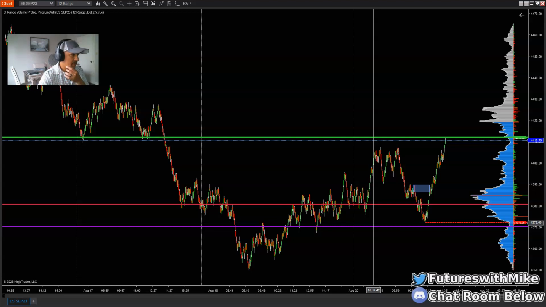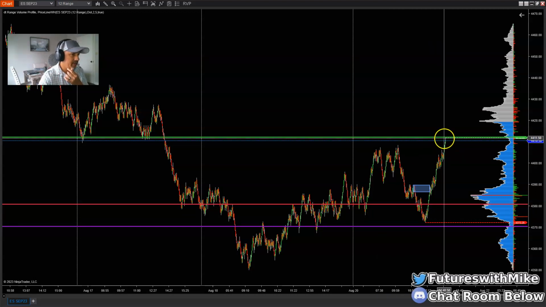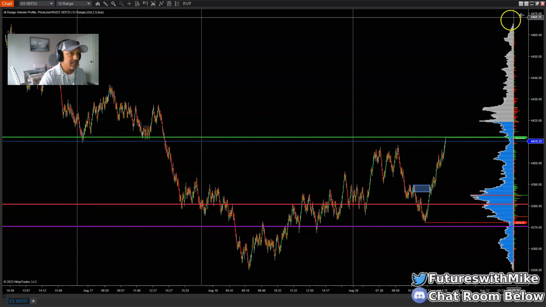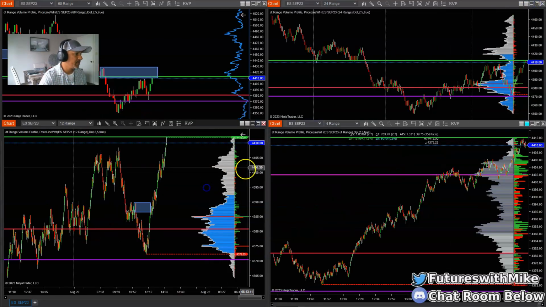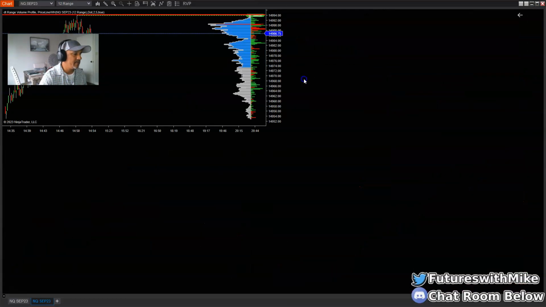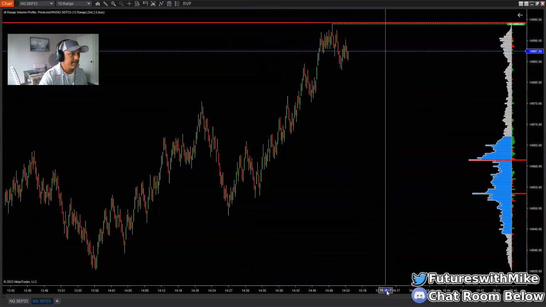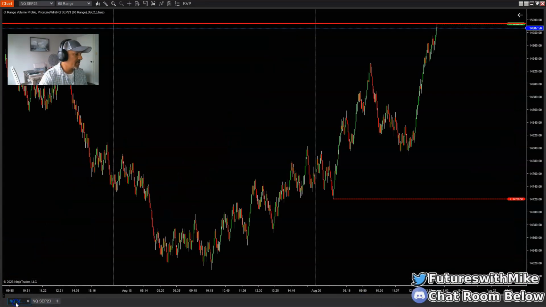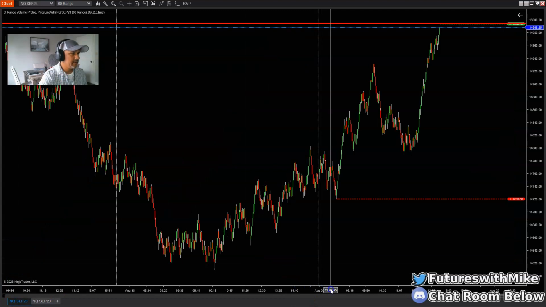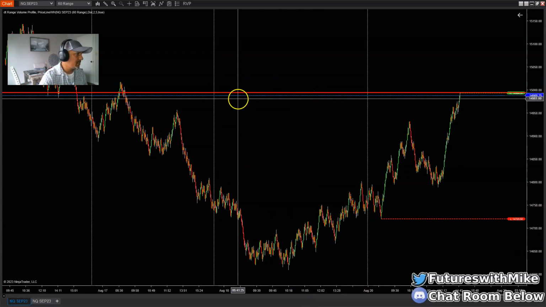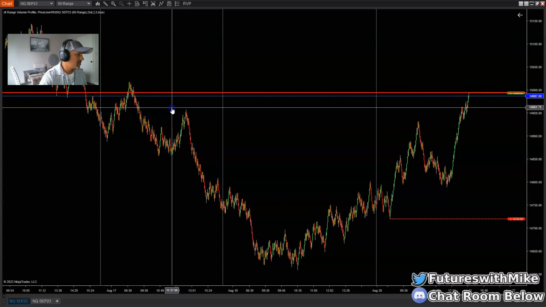Yeah, it could reject this area here. This is a supply zone off the 60 range, like I said. So we'll see. I'm gonna scoot back over to the Nasdaq right quick. Just looking at the 12 range and the 60 range on the Nasdaq. Again, this is a, let's see.